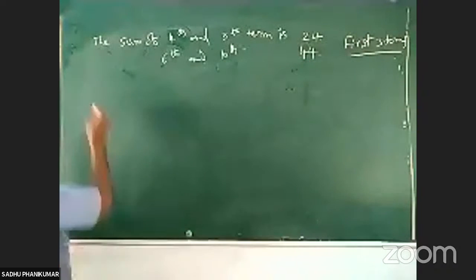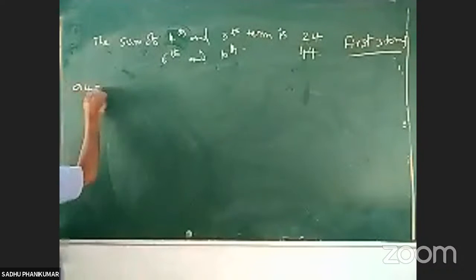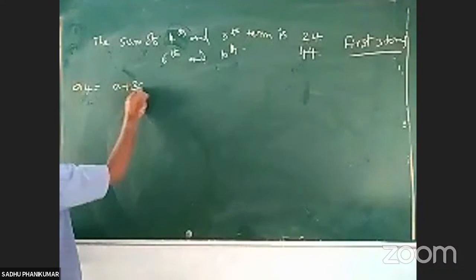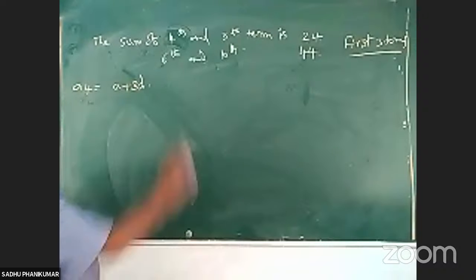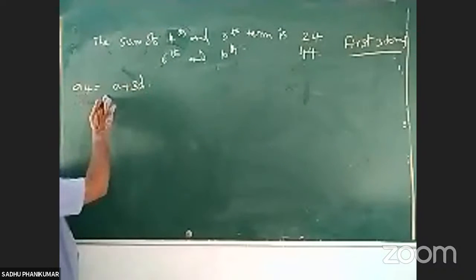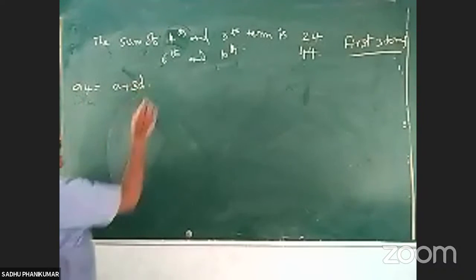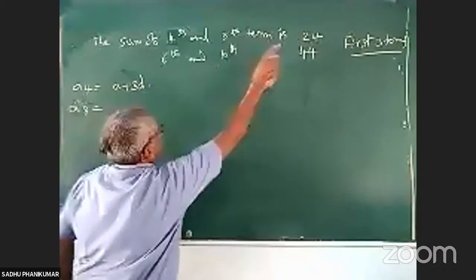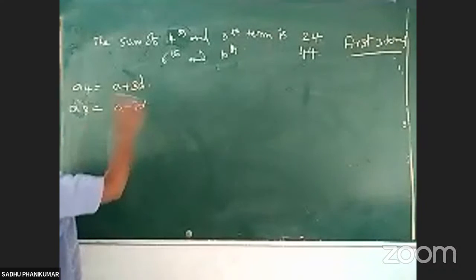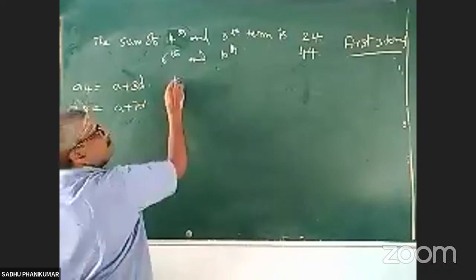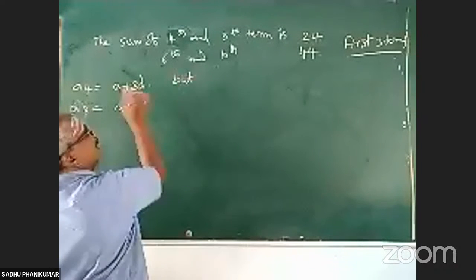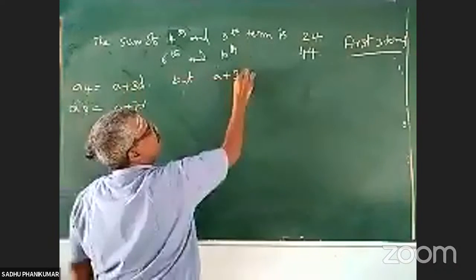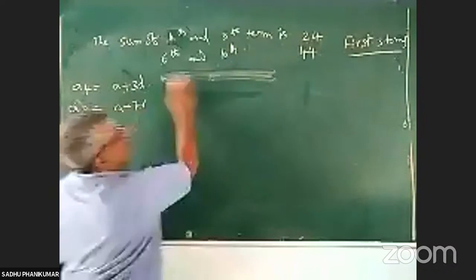So for both of them, A4 is equal to A plus 3D, and A8 is equal to A plus 7D.